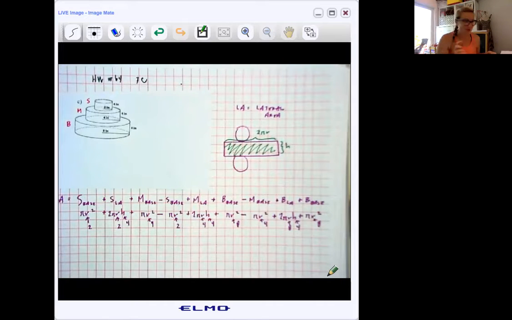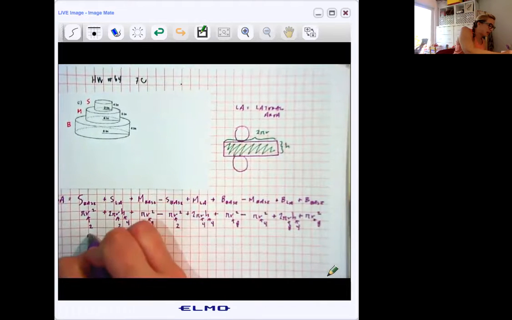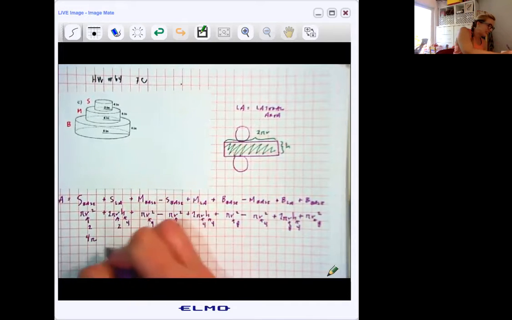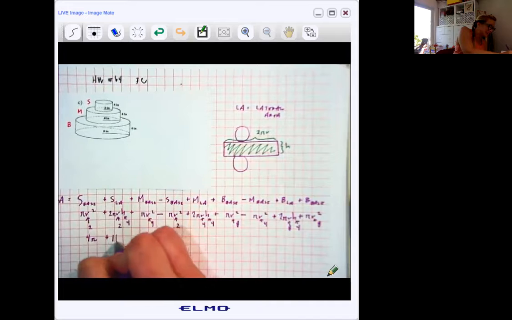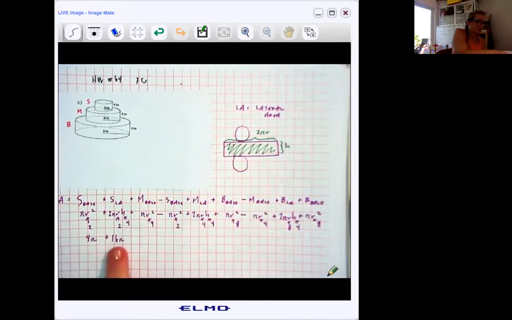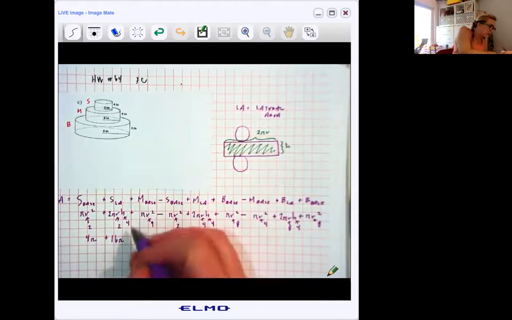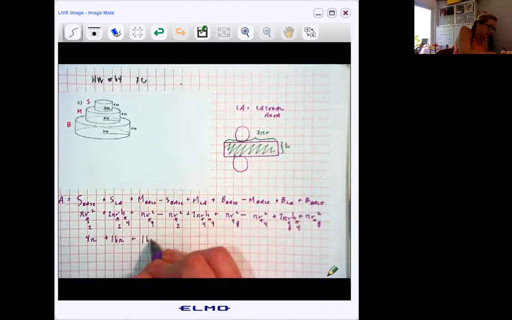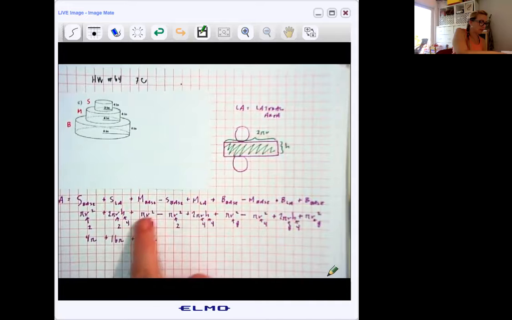We're ready to rumble. So here I have 4 pi. That's my small base. 2 times 2 times 4 is 16, so I'm adding 16 pi. That is my lateral area for that smallest tier. My medium base that I'm adding in is 16 pi, 4 squared and the pi.